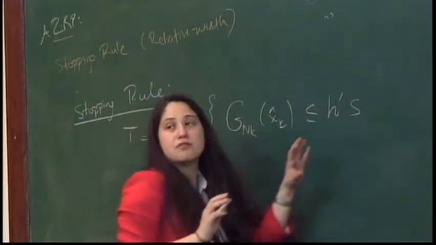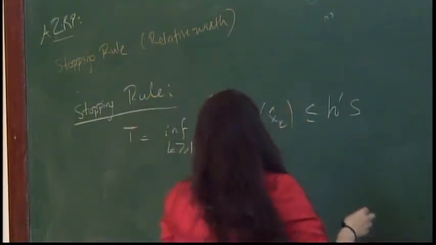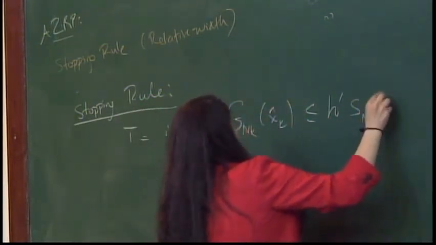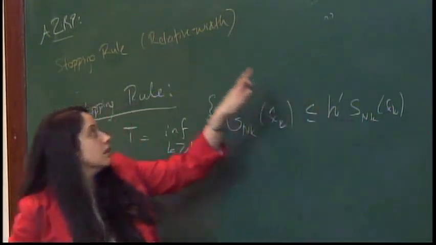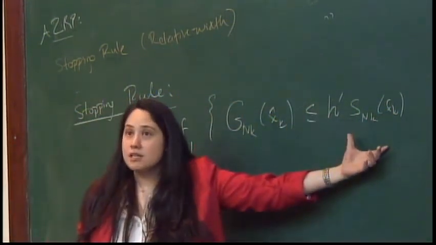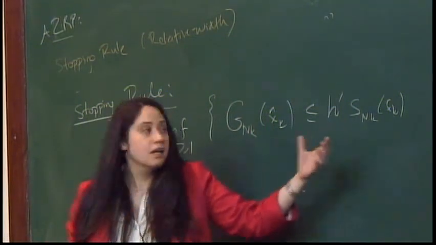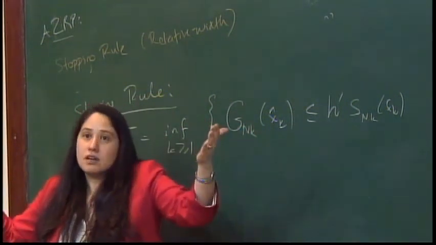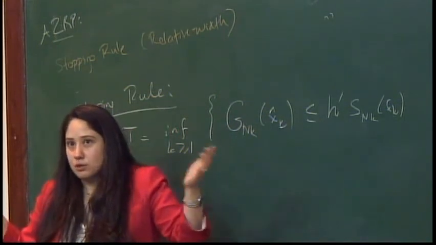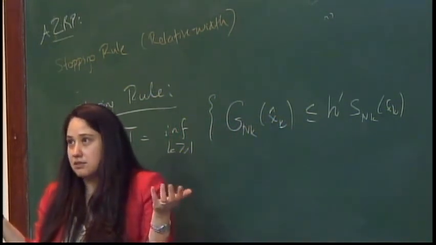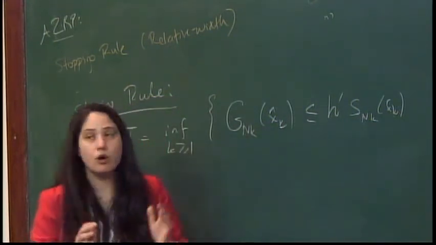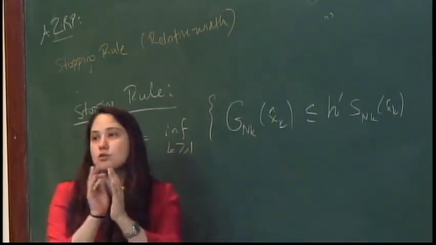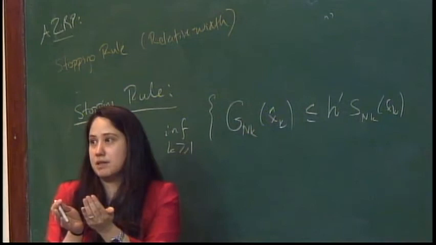So as a fraction of its sample standard deviation. Okay, that's why I call it relative width. So if there's a lot of variability in your problem, you might be willing to stop with a larger gap estimate because inherently the problem has large variability and you cannot estimate it very well. If you have low variability in your problem, then you stop with a smaller optimality gap estimate.